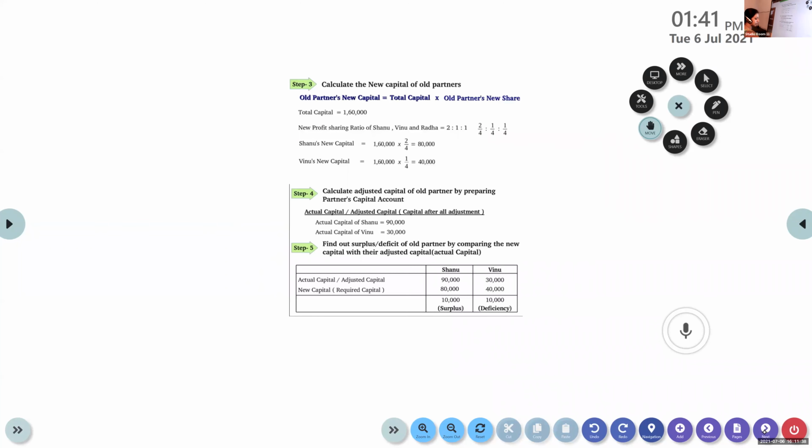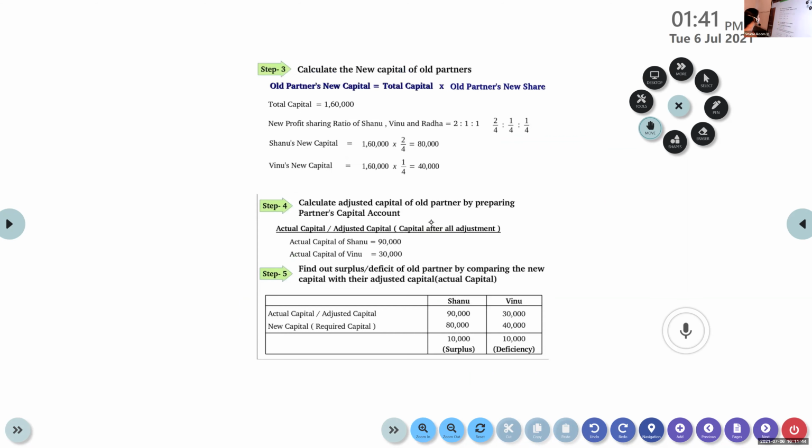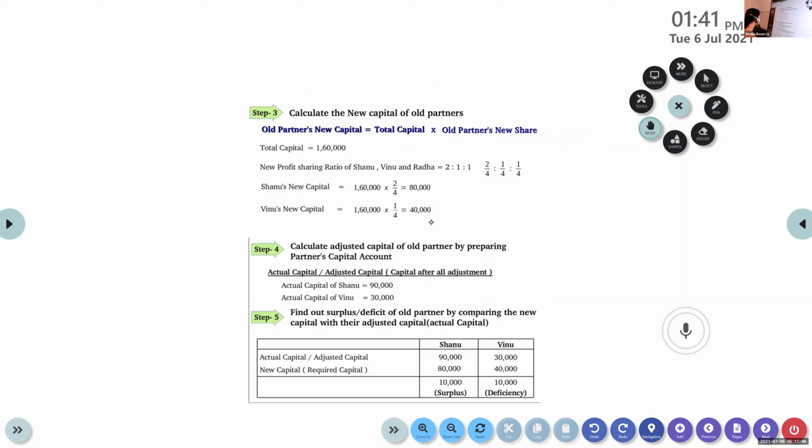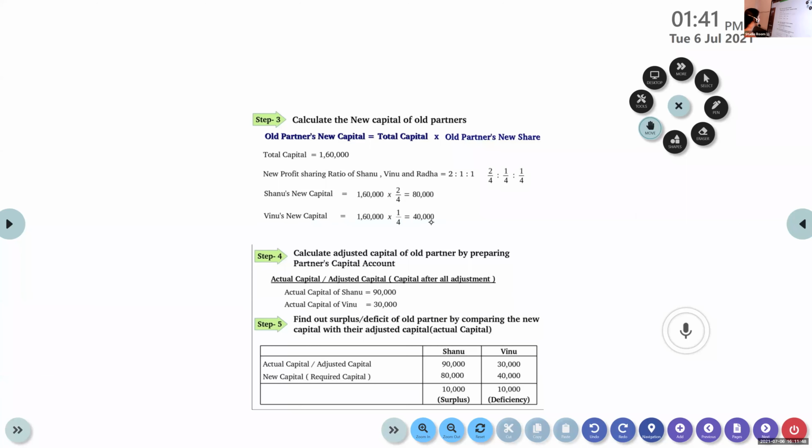Okay. Now the third step is to find out the new capital of the old partners. We found out the total capital, 1,60,000. Now we are finding out what should be the new capital of Shanu and Vinu, the old partners.